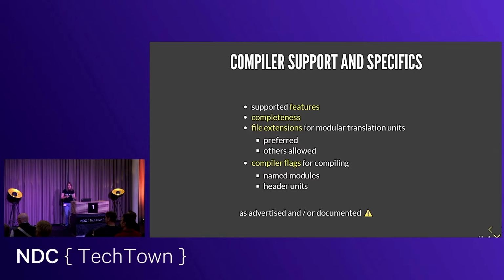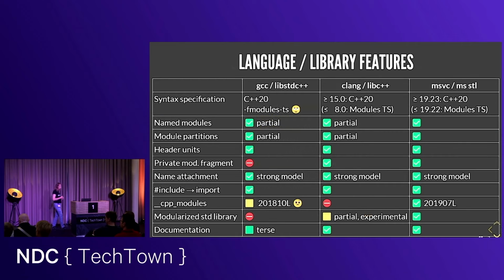So what does each compiler tell us about the features that they support, how complete the implementation is, what kind of file extension they want to see to take a particular source code as a module translation unit, and which compiler flags you need to give to compile a named module or a header unit.